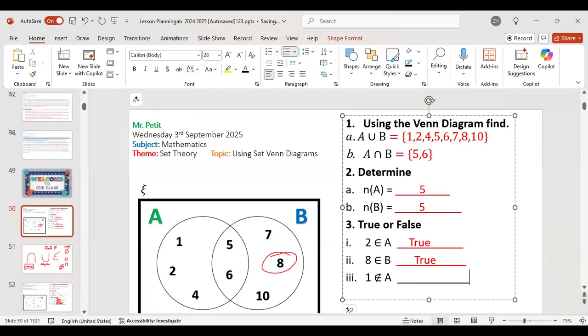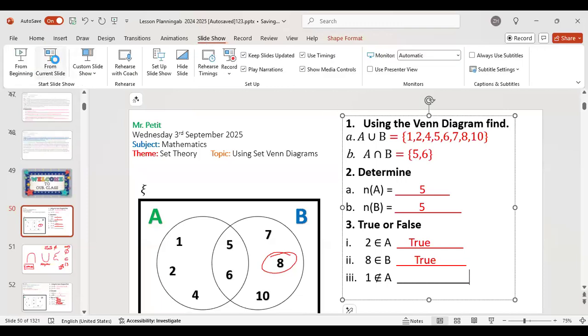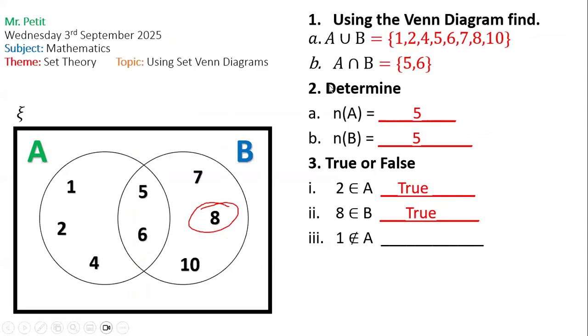It's false. Why do you say that? Because 1 is an element of A. Okay, 1 is an element of A. What is this symbol saying, by the way? What does that mean? 1 is not an element of A.